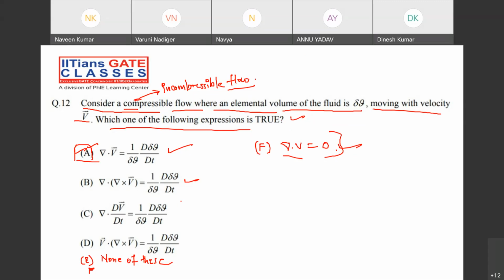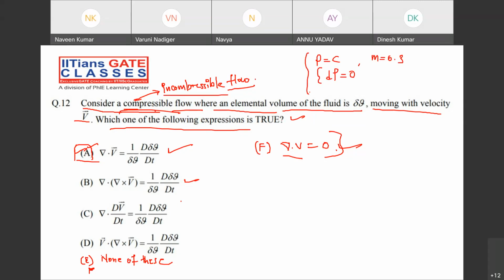Sir, in incompressible flow, density will remain constant up to Mach number 0.3, and in compressible flow, density will change. That means d rho will be 0 for incompressible flow.